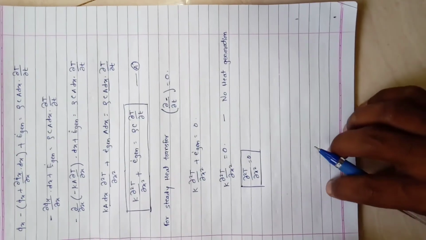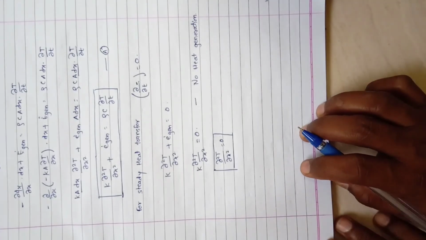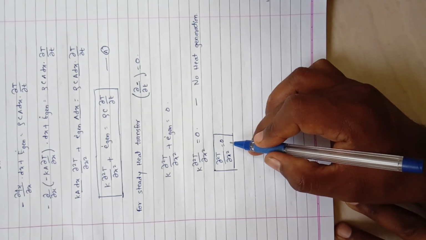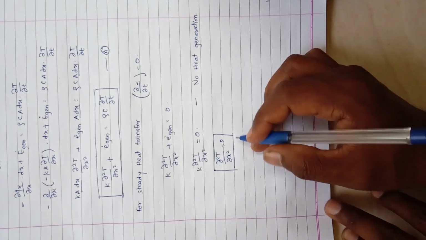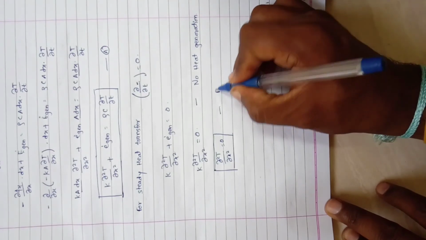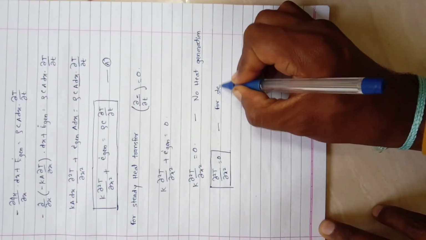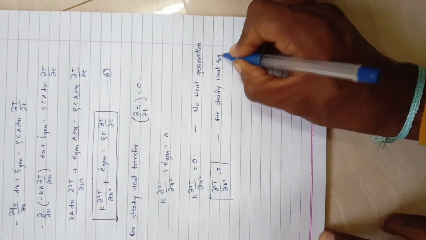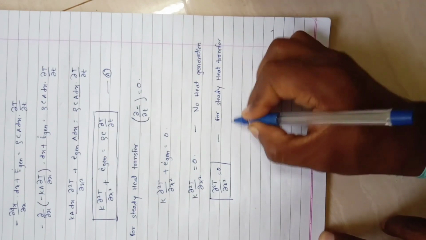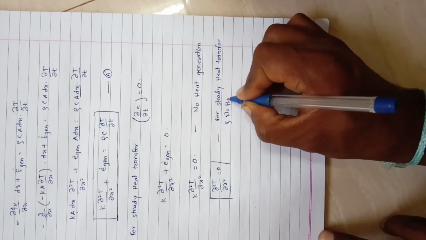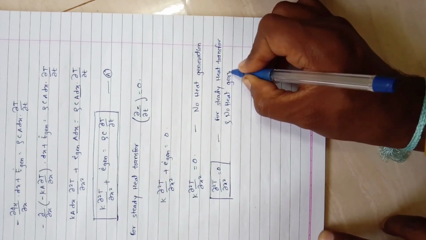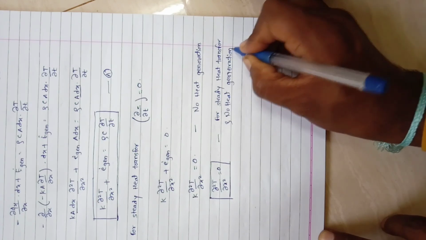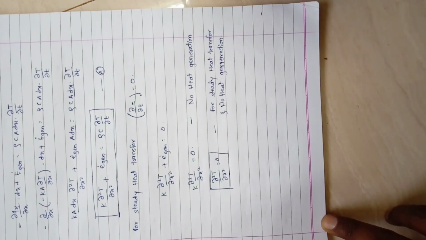So this equation indicates that the heat transfer is one directional, steady, with no heat generation. Thank you.